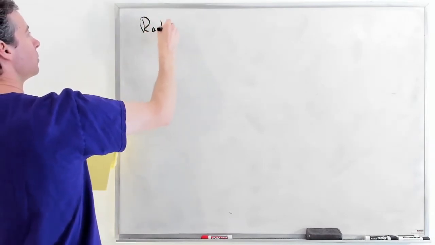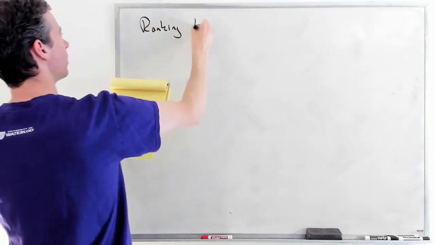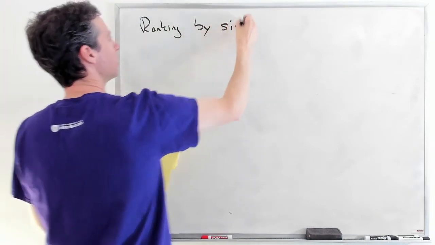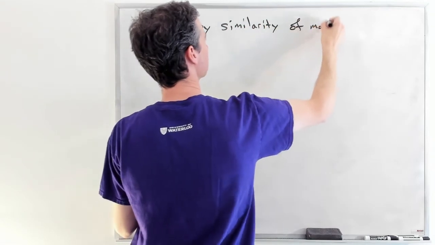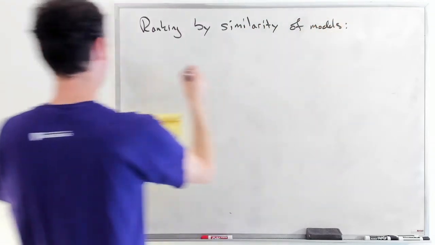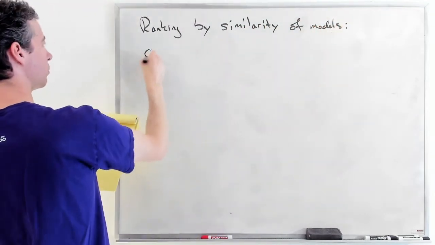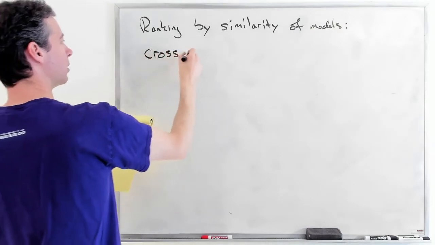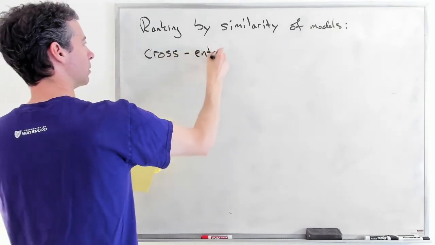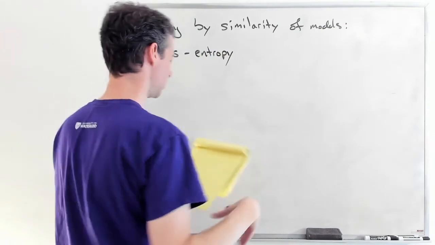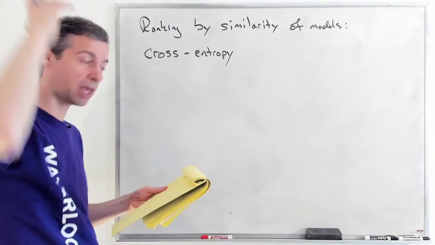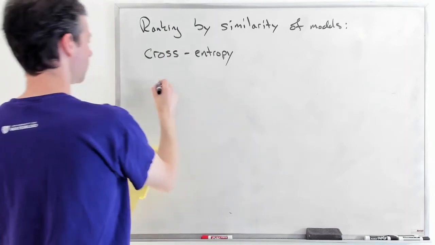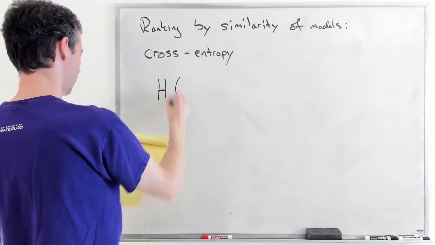So we can do, again, language modeling. This is ranking by similarity of models. I can just show you cross entropy, and again, it basically produces the same ranking as we would get with the KL divergence. You can do both. You can compare them, whatever you want.